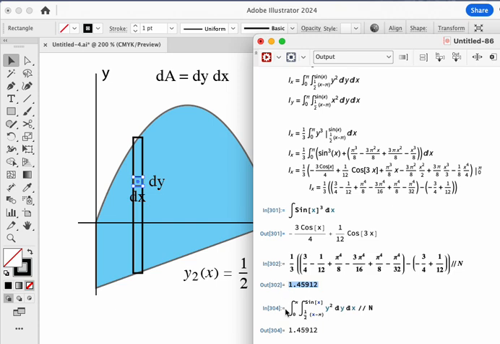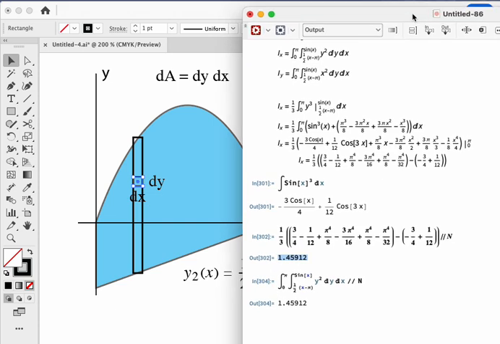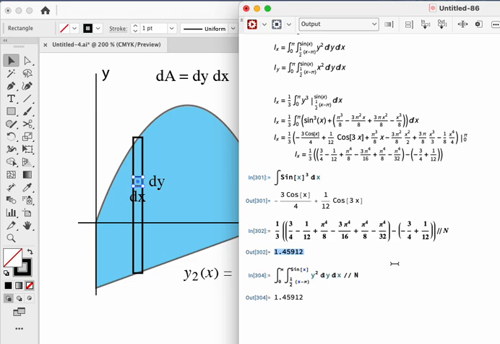Yep. Kind of a hard one, but that illustrates the principle.